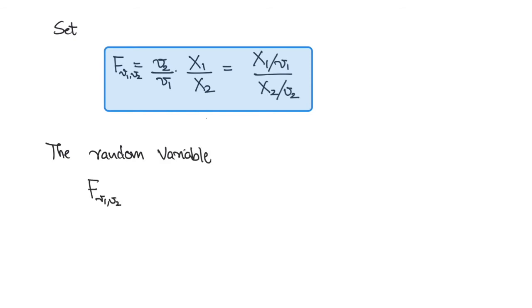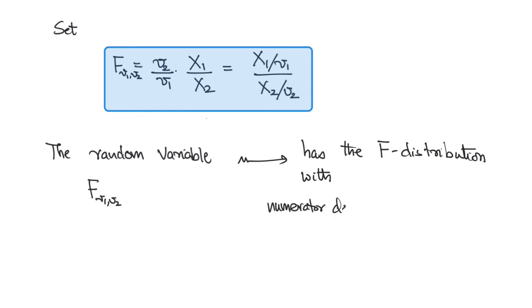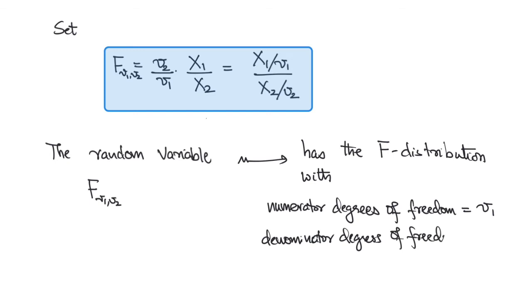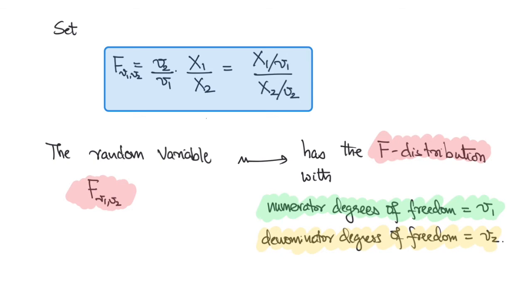Then the random variable F nu1 nu2 will have what is known as the F distribution with numerator degrees of freedom equal to nu1 and denominator degrees of freedom equal to nu2. While we won't talk more about the F distribution, it is possible to calculate its PDF and see different PDF options as nu1 and nu2 vary, but we won't be pursuing that direction any further.